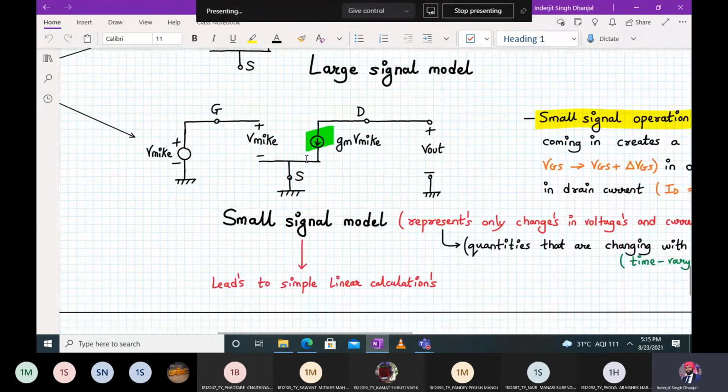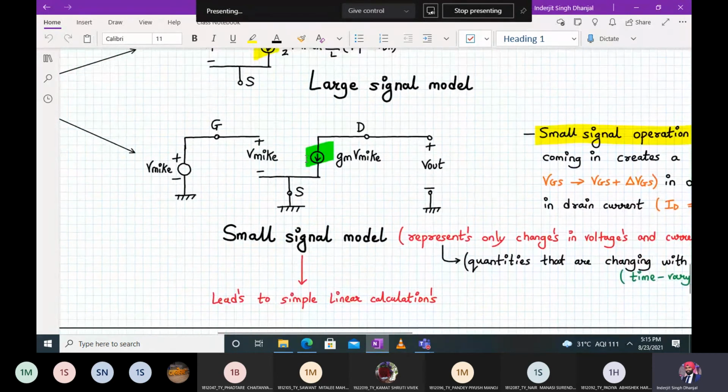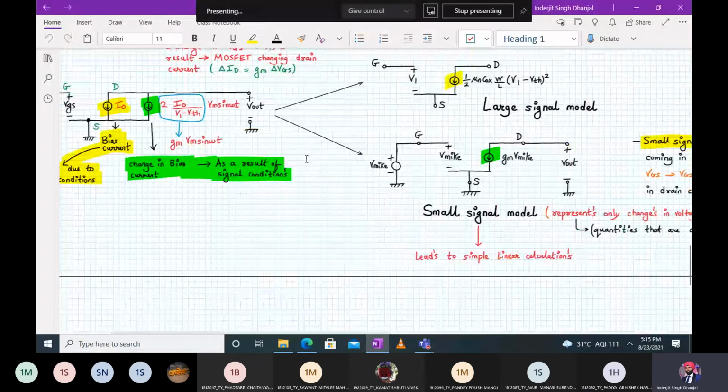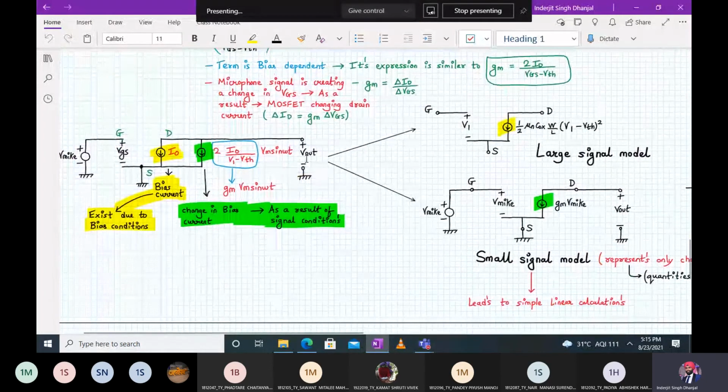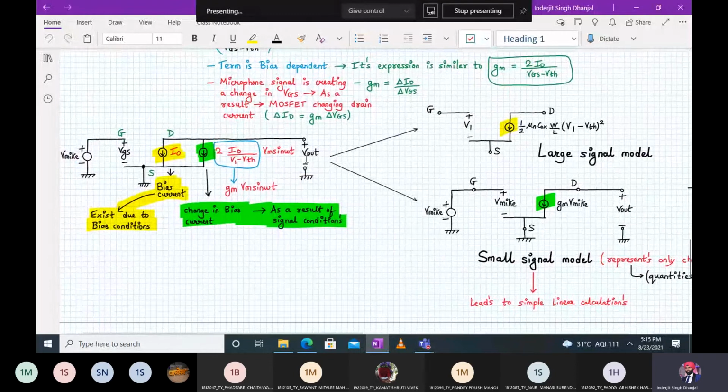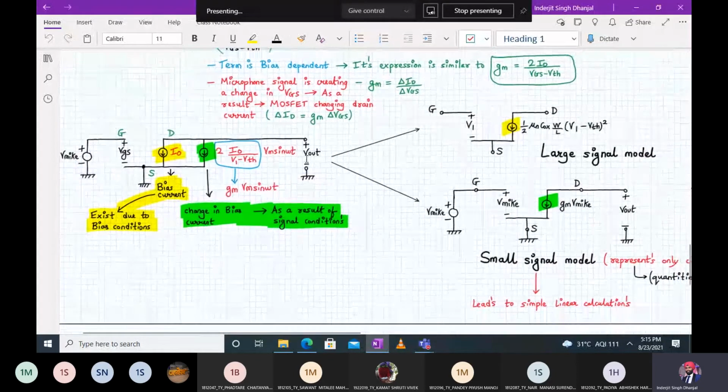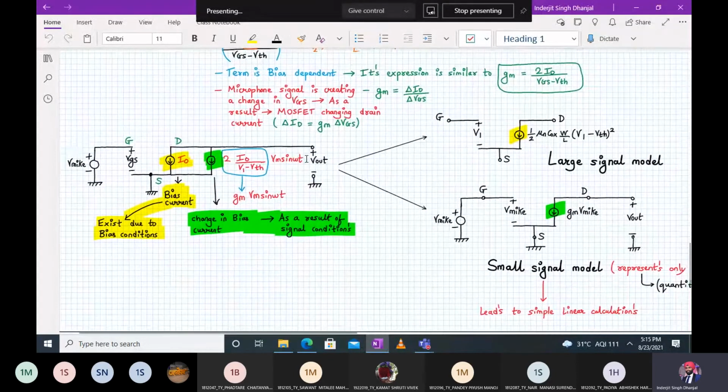Rather than doing that, we go for the small signal model. So this is the entire analysis, the distinction between your small signal model and your large signal model, and how they came into existence for an amplifier, specifically a common source amplifier.